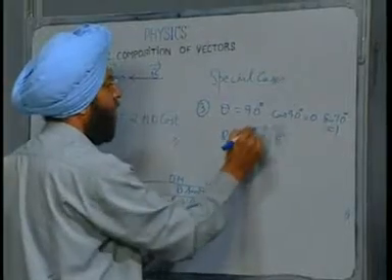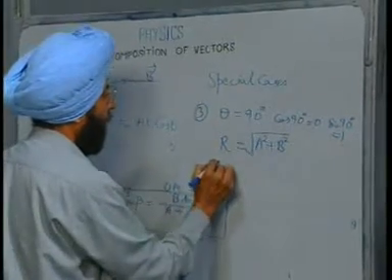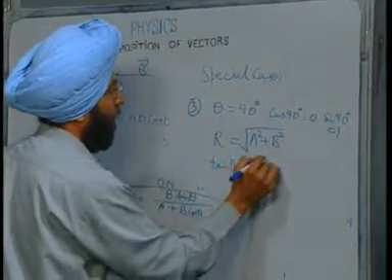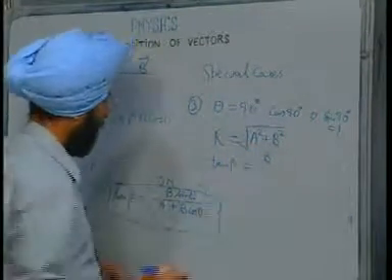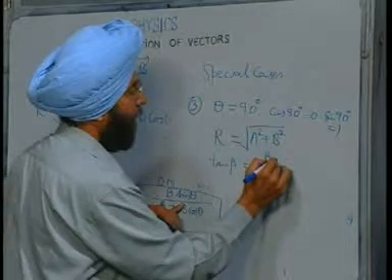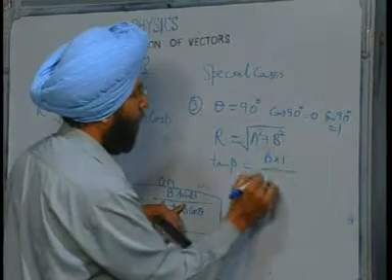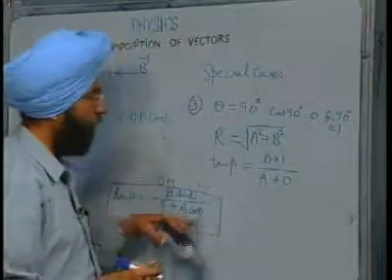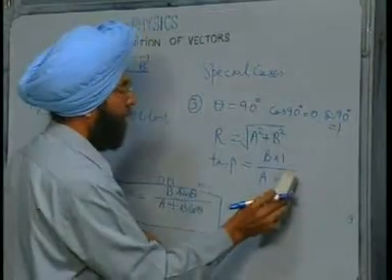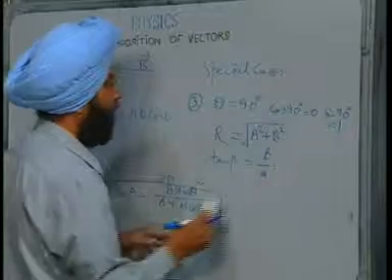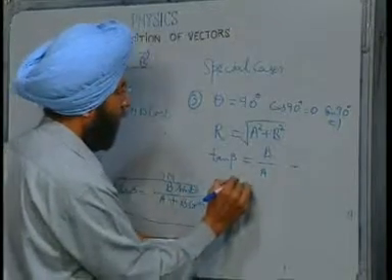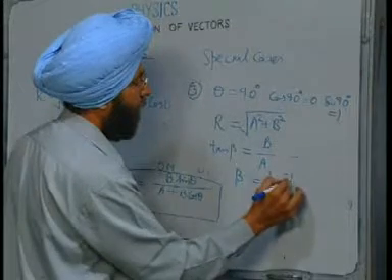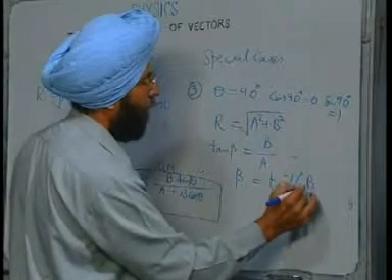So, we have this as magnitude, and tan beta is B sin 90 degree, sin 90 degree is 1, over A plus B cos 90 degree, cos 90 degree is 0. So, we have tan beta is equal to B over A. So, we can write beta is tan inverse B over A.